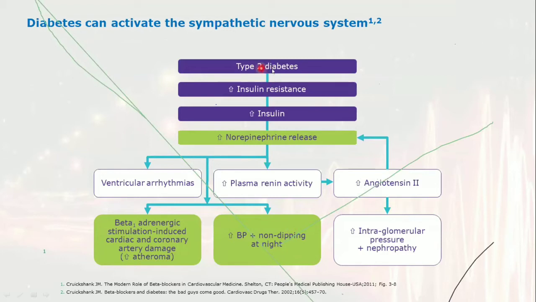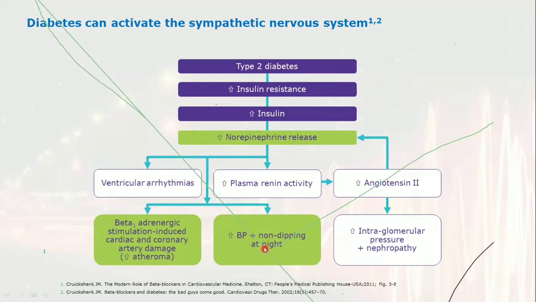Now, when we see type 2 diabetes, we must understand that we cannot actually compartmentalize different conditions. They actually crosstalk to each other, all of them. So in type 2 diabetes, there's an insulin resistance, there is increased insulin production, norepinephrine release is increased, and all this results in ventricular arrhythmias, increased plasma renin activity, and angiotensin 2, which has a very severe deleterious effect upon the entire body, increases, and these are the changes which take place in the body as a result of that.